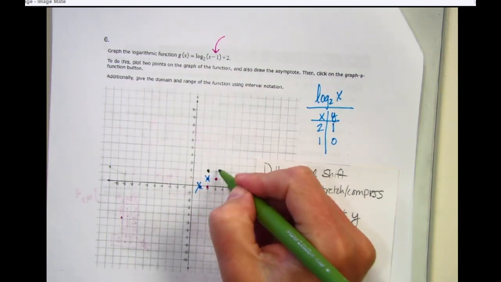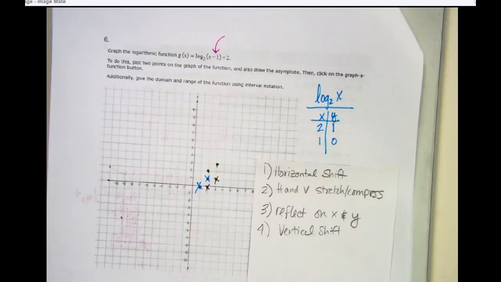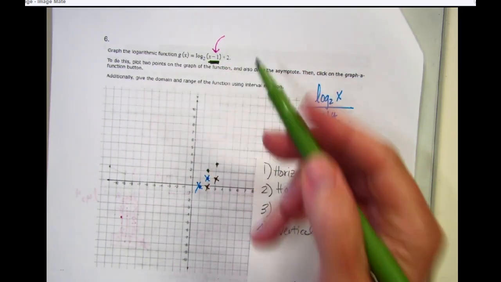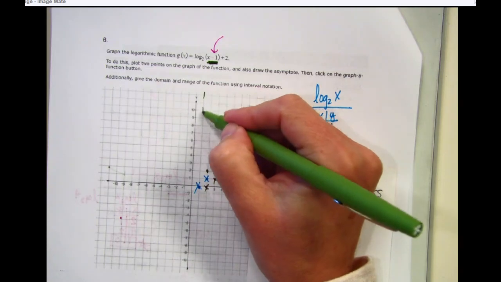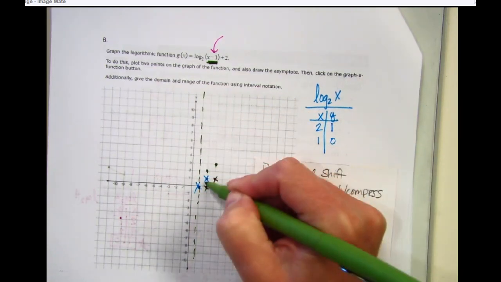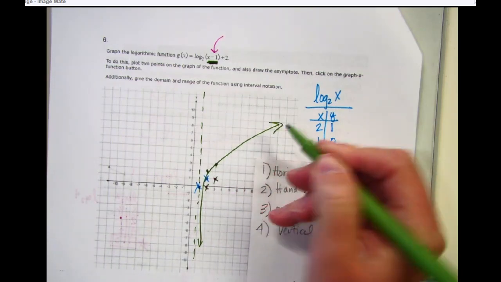Up 2, up 2. This time, where is our asymptote? Which way did it move it? Just moved it over 1. So now it's here. And then hit your connect the dots.